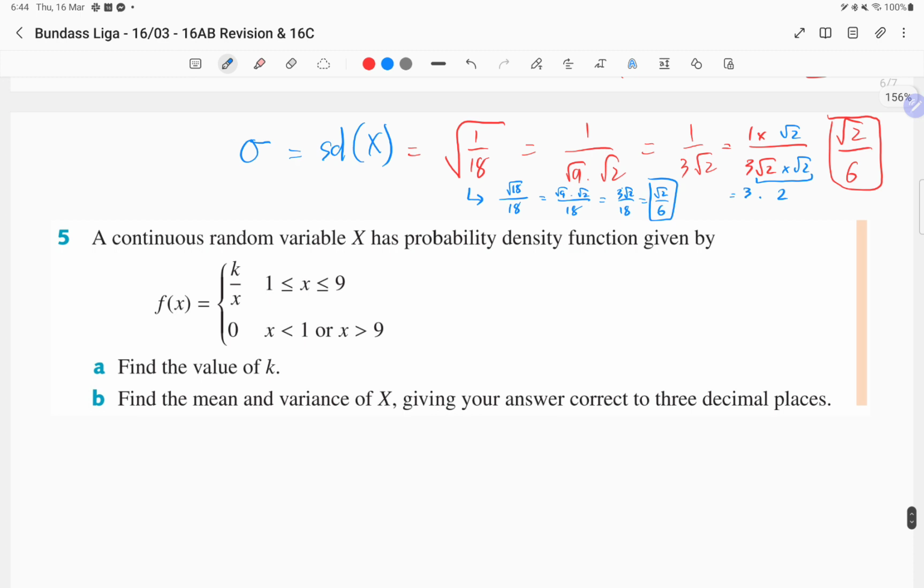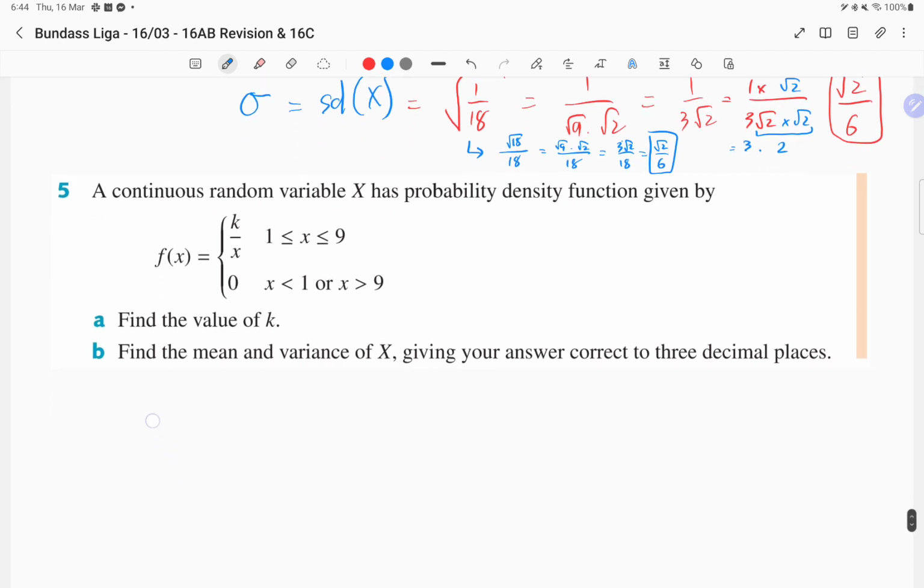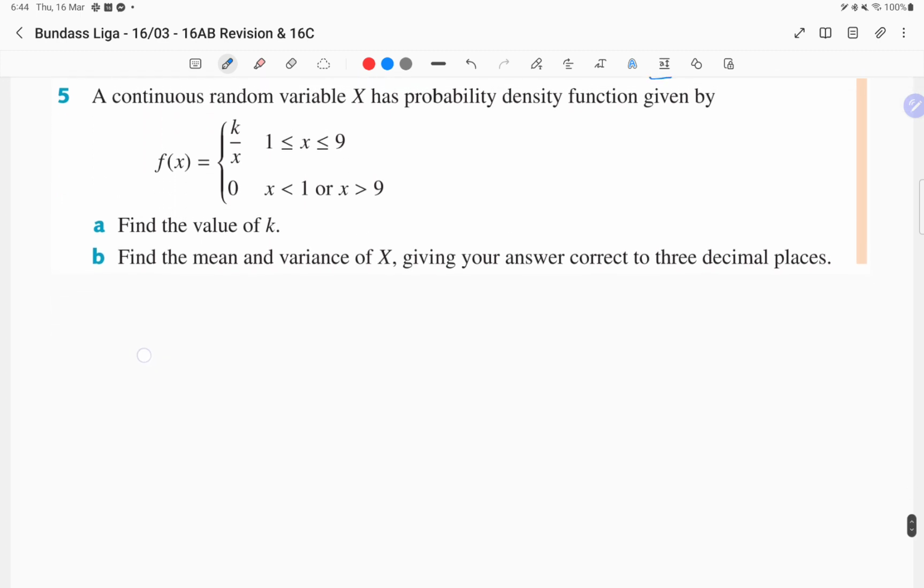So if you've done that, start on question 5. This time, I'm not giving guys any start at all. Let's see if we can get started with it first. Find the value of k, and then find the mean and variance of x. You give your answer to 3 decimal places. That means this is a calculator question. But note that the value of k is an exact number.